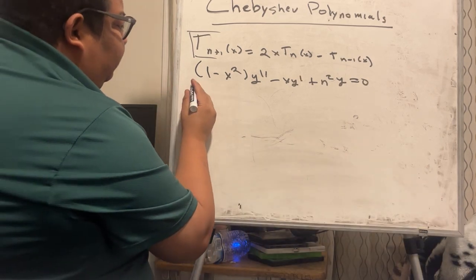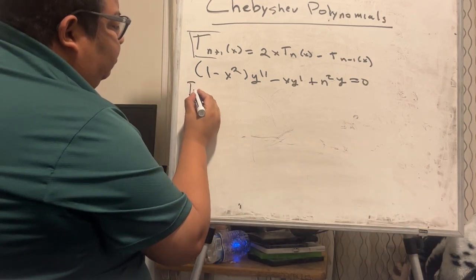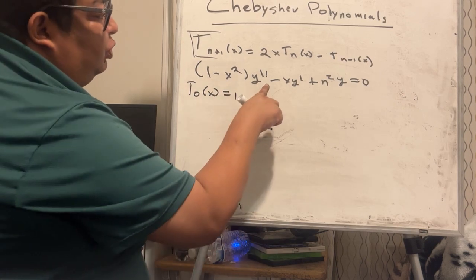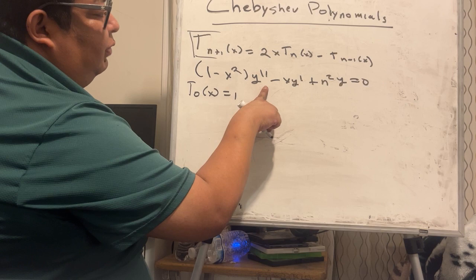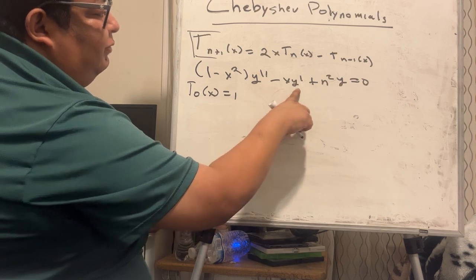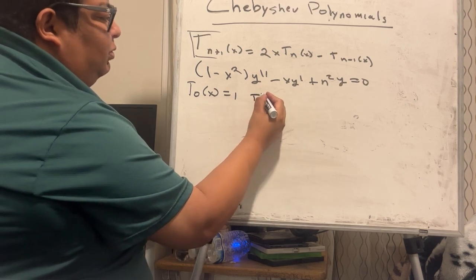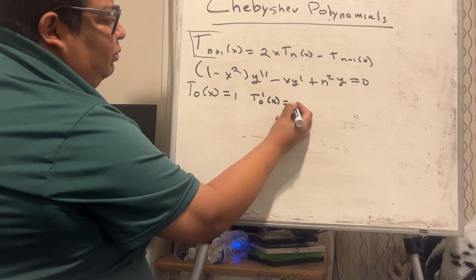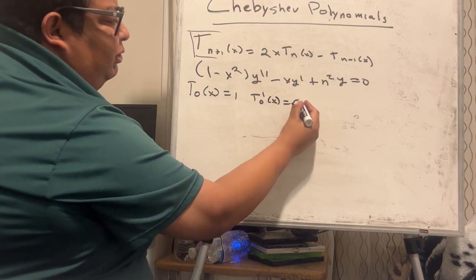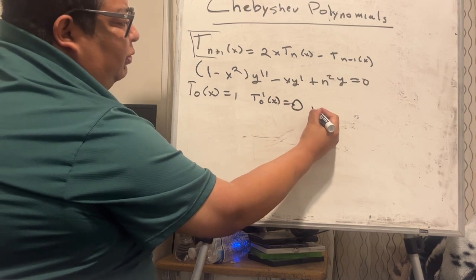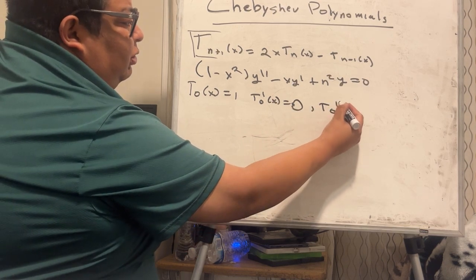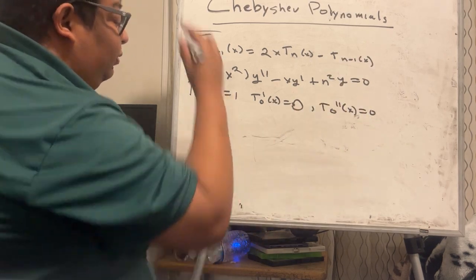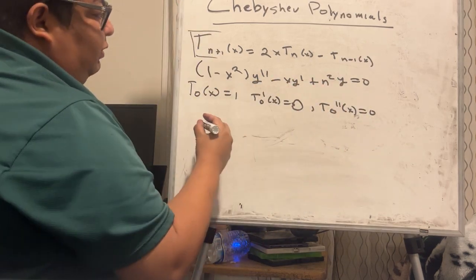So for T0 of x equals 1, we need the second derivative and the first derivative. T0 prime of x is equal to 0 because the derivative of 1 is 0. And then of course the double prime is going to be equal to 0 because the derivative of 0 is 0. Now we can plug it into the differential equation.